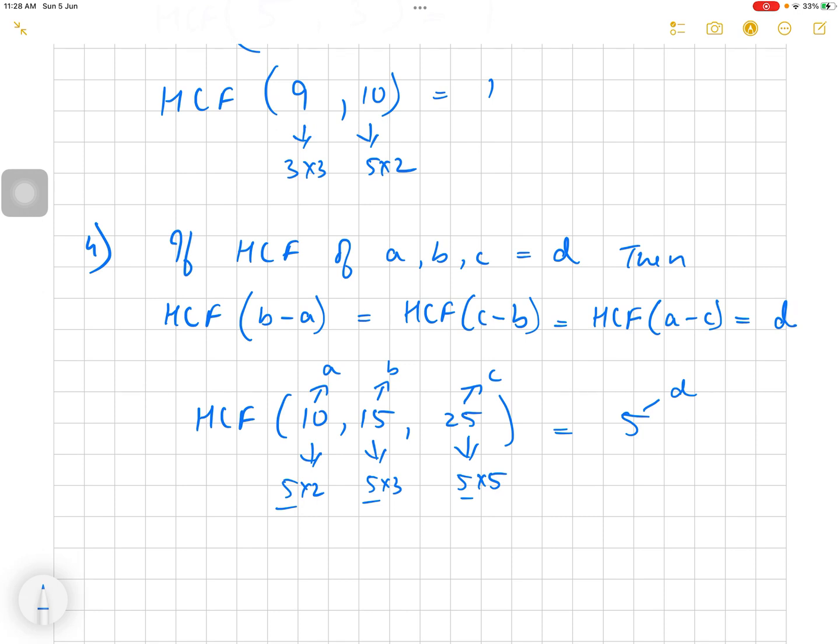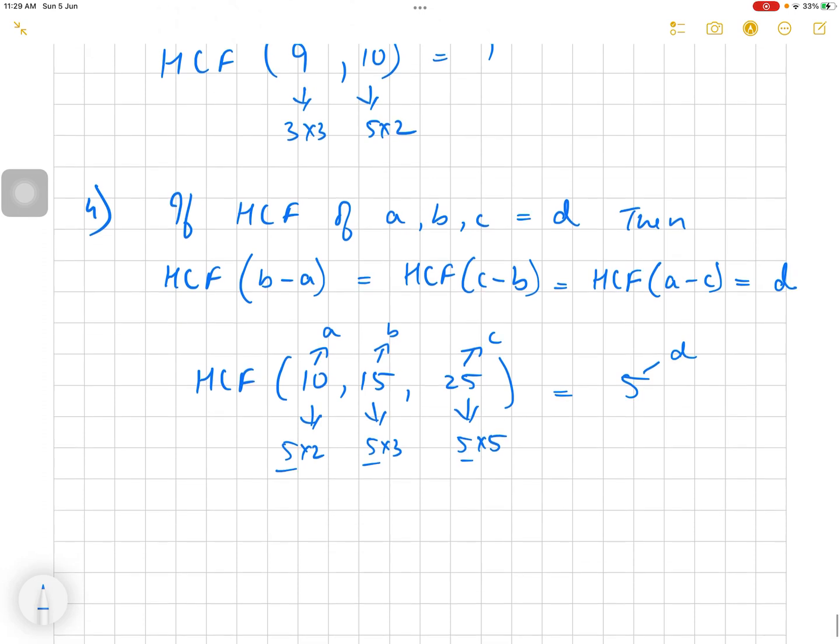So I have to prove that HCF of B minus A is equal to C minus B is equal to A minus C is equal to D. That I have to find, right?